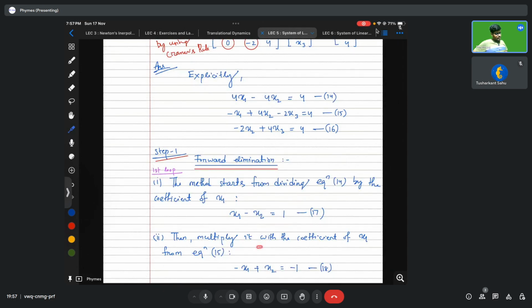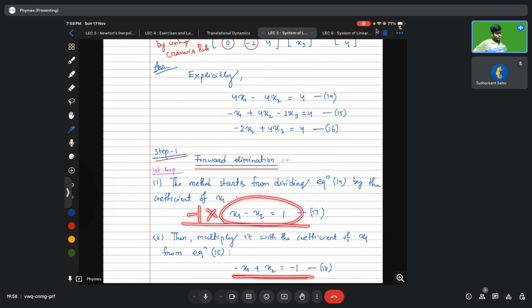Then multiply equation 14 with the coefficient of x1 from equation 15. That means multiply -1 throughout this equation, and you will get this equation, right? -x1 plus x2 equals to -1.